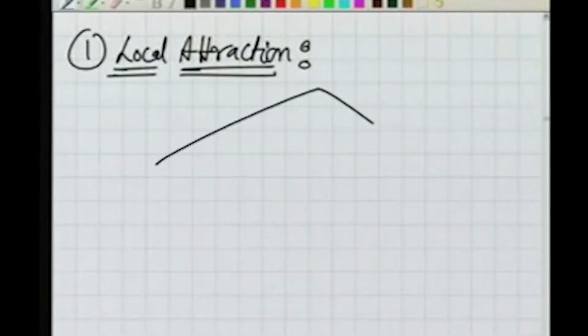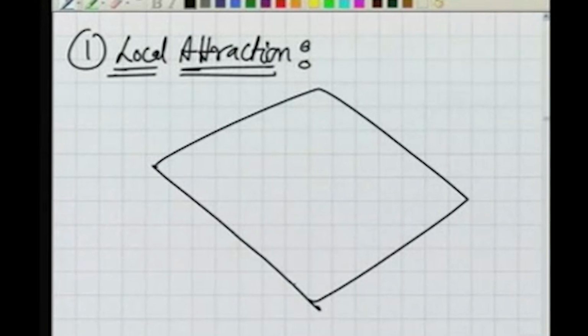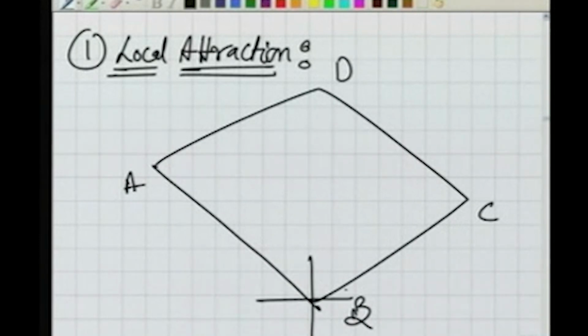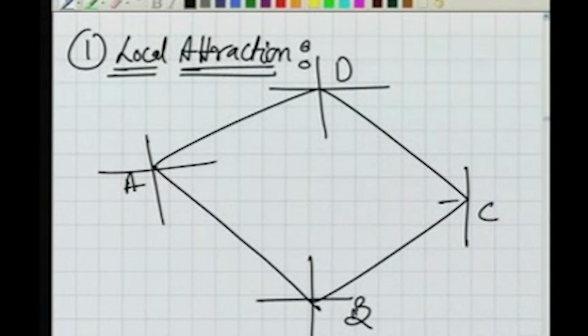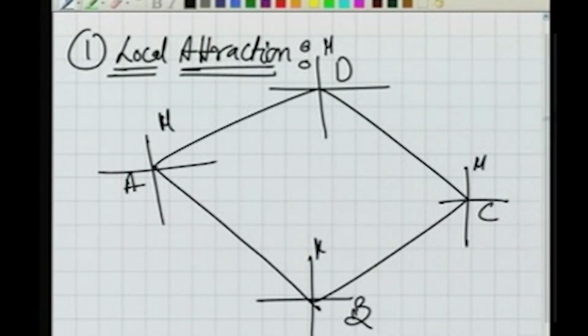So for doing that, we have to determine the quantity. What is the amount of the local attraction? A, B, C and D, this is north at every point. Now the differences we have found.